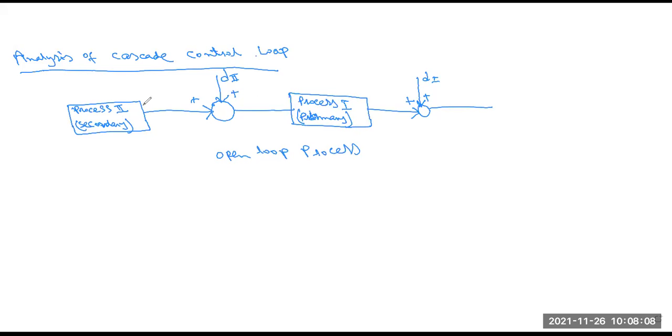And process 2 controls the liquid flow. Using this open loop control system, you can easily control the temperature in any liquid flow system. Now these are the open loop process control systems. Please remember this.